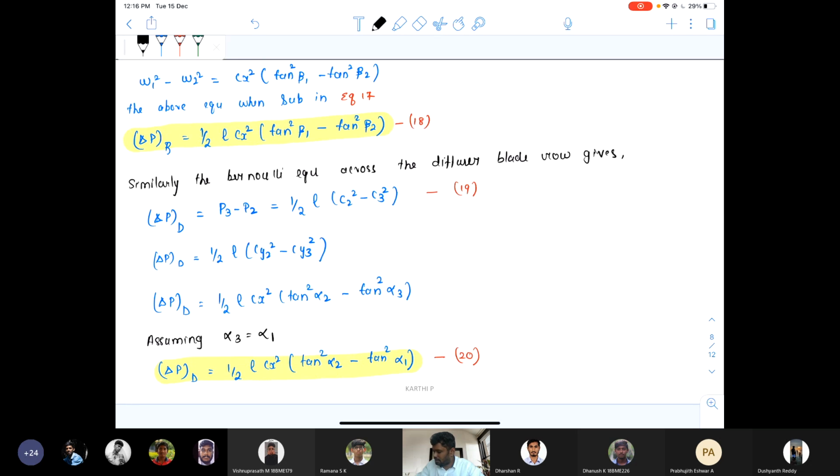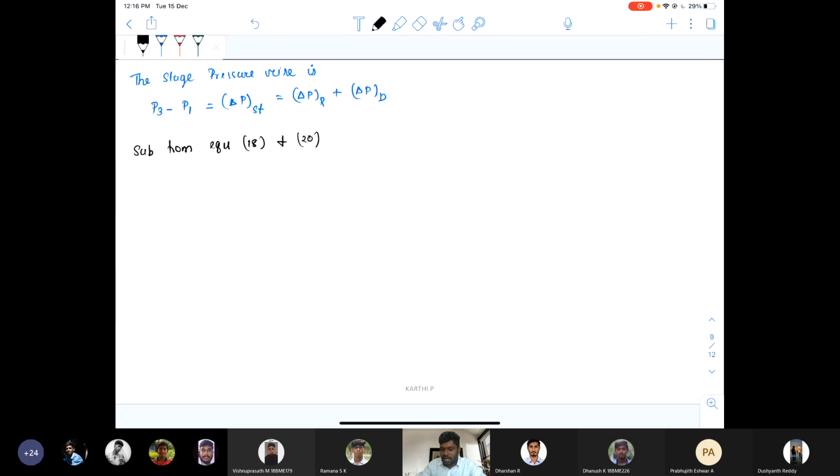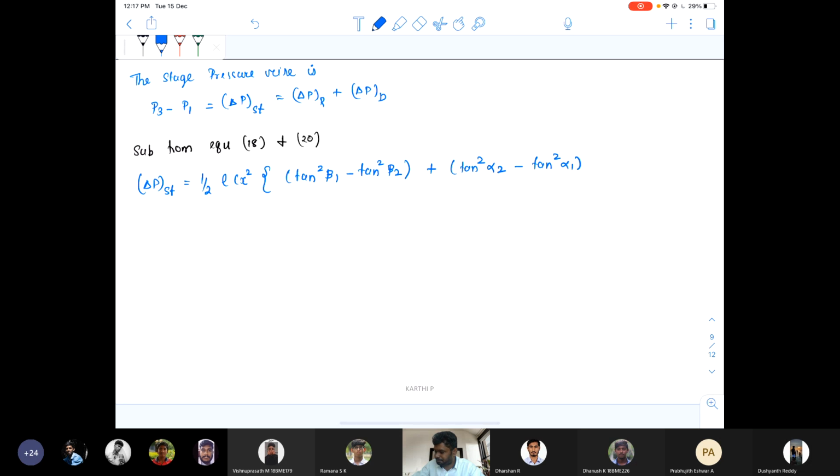Okay. From this, you can write delta P of the stage will be equal to 1 by 2 rho times Cx square into tan square beta 1 minus tan square beta 2 plus tan square alpha 2 minus tan square alpha 1.